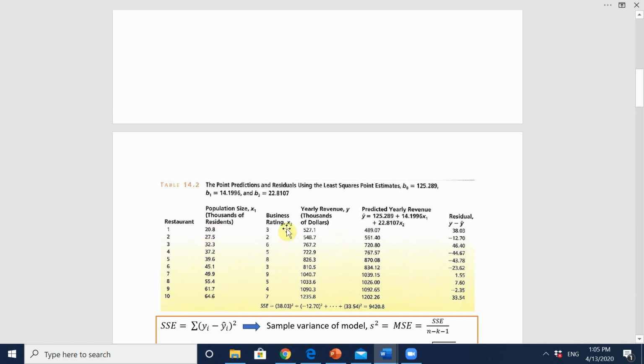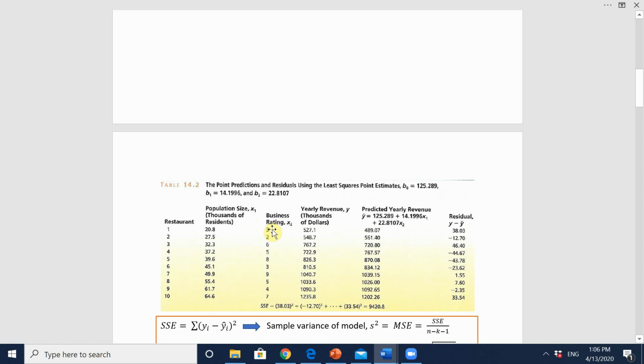And so now we are also interested in knowing how a business rating in that area, so a business rating of how the businesses are doing in general, and perhaps a shopping area as well in that given area, on a scale of 1 to 10, affects things. So we've got that added independent variable x2, business rating, and we'd like to know how that also affects the yearly revenues for a restaurant, right?